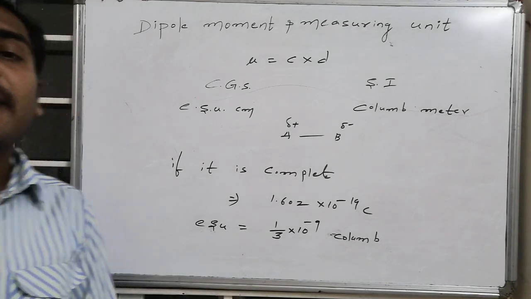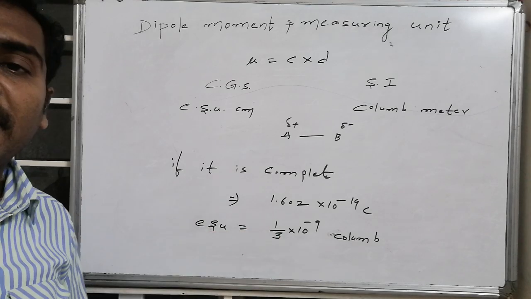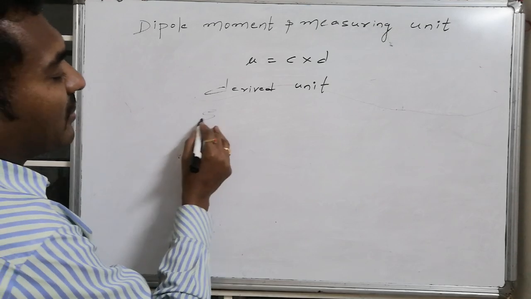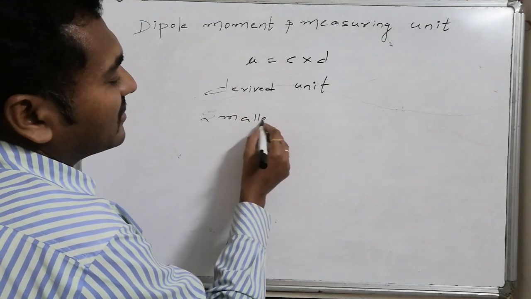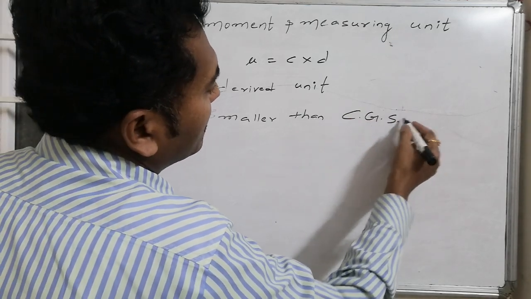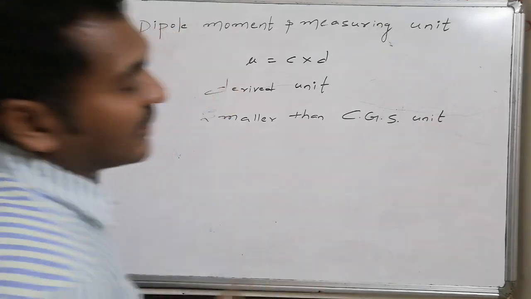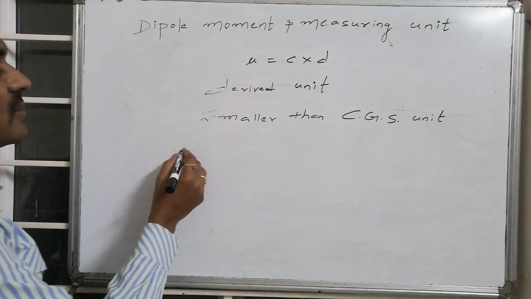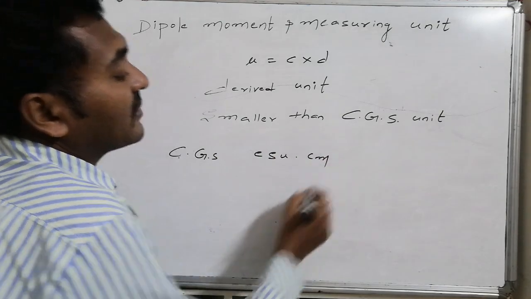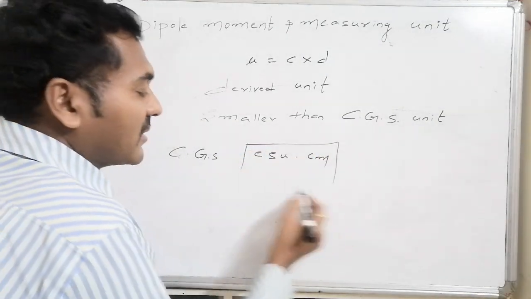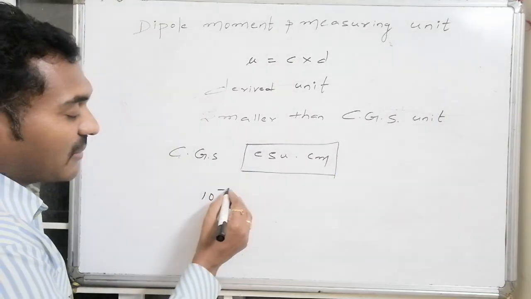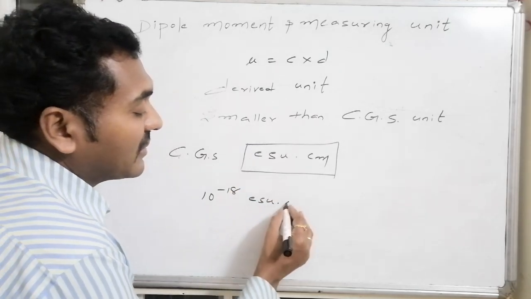Hence, we go for a derived unit for the measurement of the dipole moment, which is smaller compared to the CGS system of unit. The CGS unit is ESU centimeter, but compared to this, we choose a smaller quantity, that is 10 power minus 18 ESU centimeter.